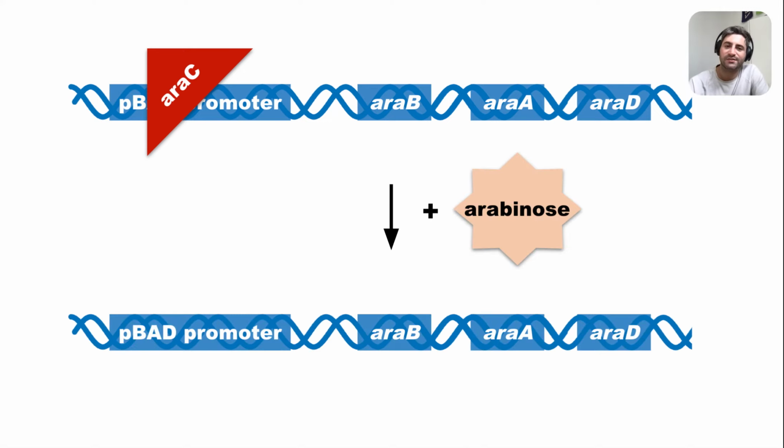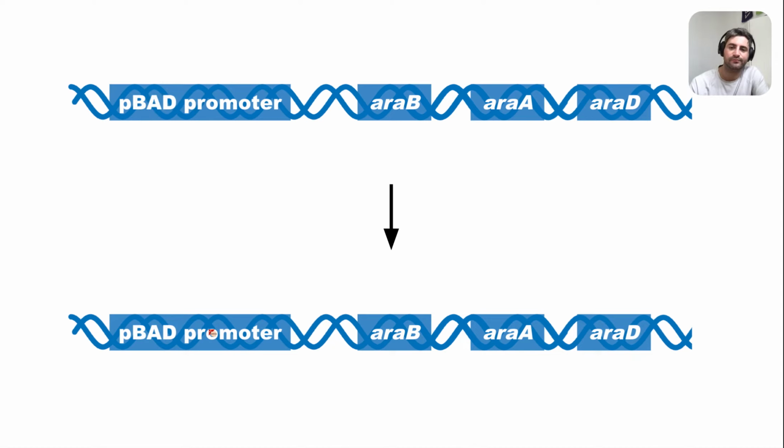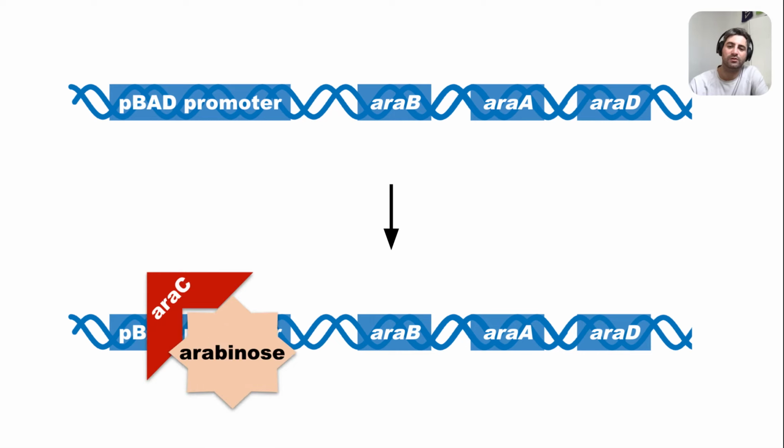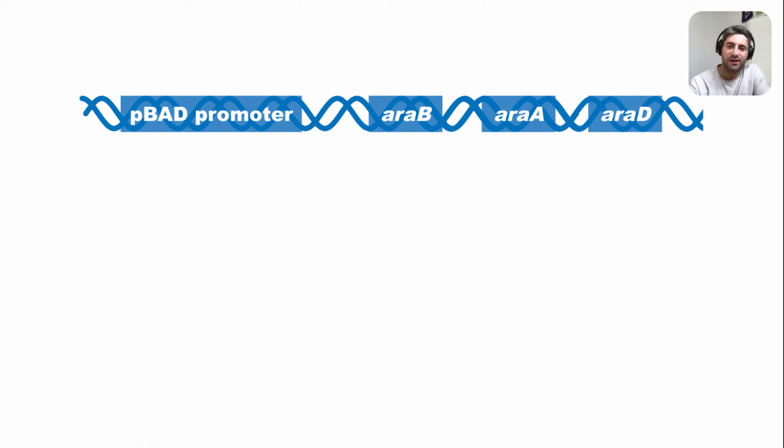But in the presence of arabinose, which is a sugar, the arabinose will actually interact with the ARA-C protein, and it will change the shape of the ARA-C protein, and it will cause the ARA-C protein to fall off of the DNA. So if the ARA-C protein falls off the DNA, now the pBAD promoter is accessible by RNA polymerase.